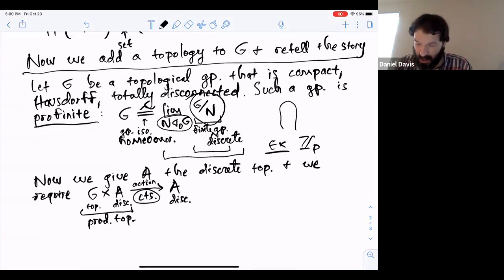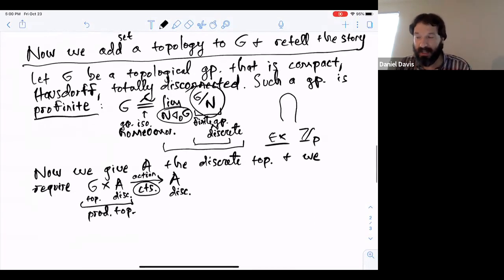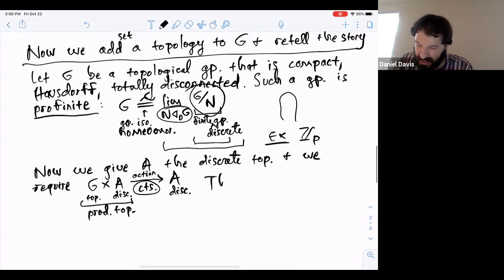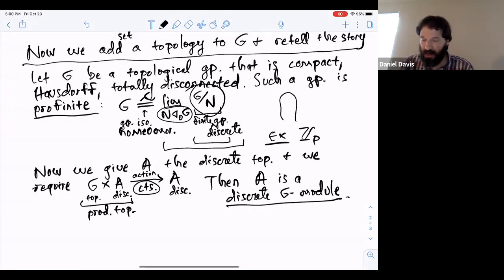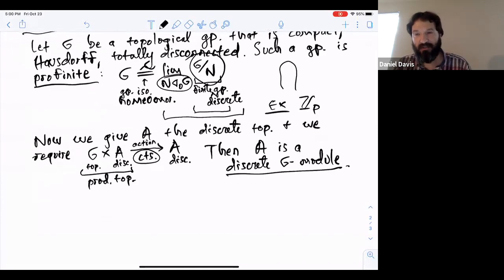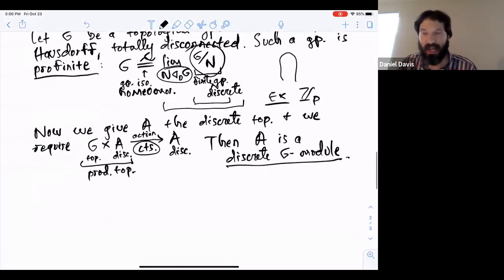When that happens, we say that A is a discrete G module. From now on, whenever I write A, we have a discrete G module.